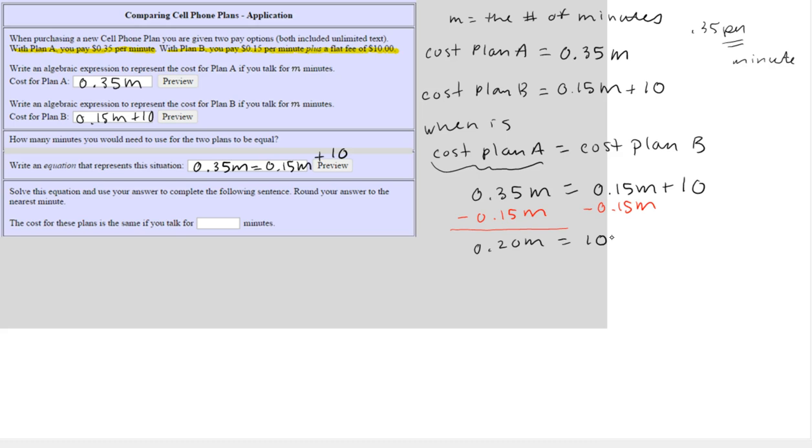Now, we might want to see how many 20 cents are in $10. That would be the number of minutes. To do this algebraically, this is 0.20 times m. To undo multiplying by 0.20, we divide by 0.20. And then we go to the other side of the equation, and we perform the same operation. Now let's use the calculator to divide this.